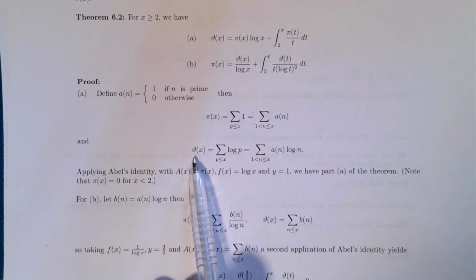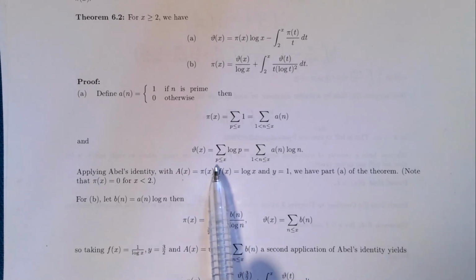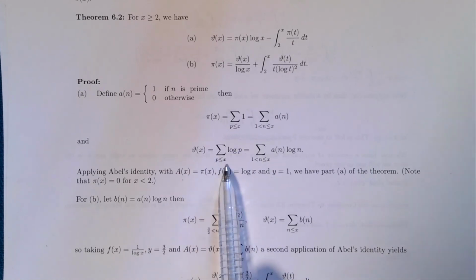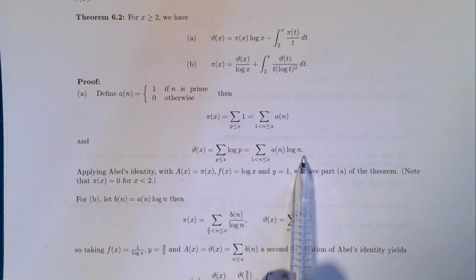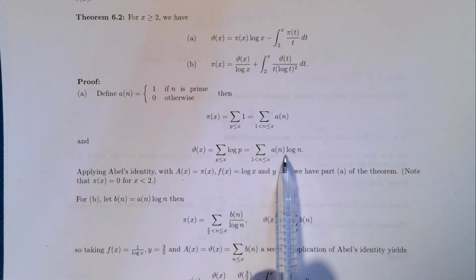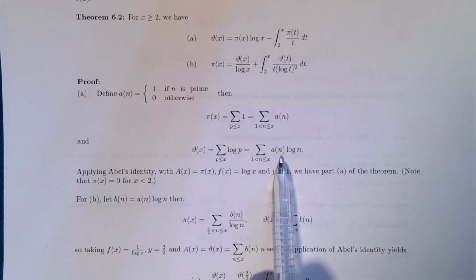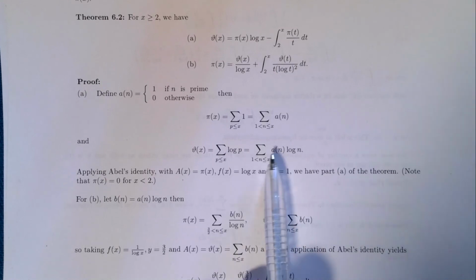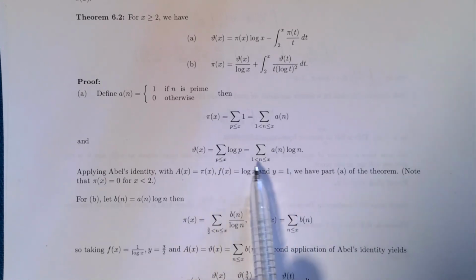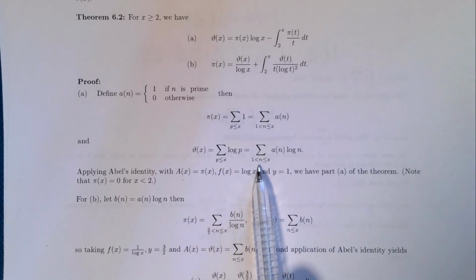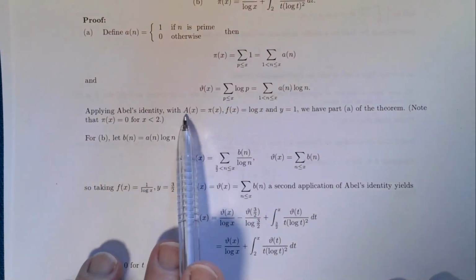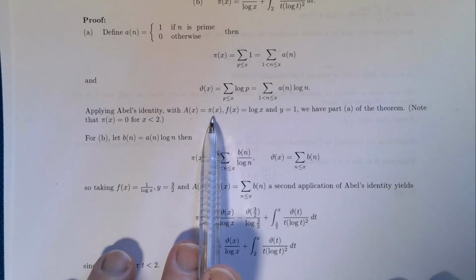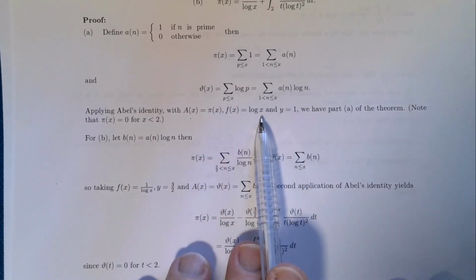Theta of x is by definition the sum of the logs of the primes less than or equal to x, and again I can write that as the sum of a(n) log n, because this will be 0 unless n turns out to be a prime. So this a(n) function enables me to go from a sum over primes to a sum over just the natural numbers. Now I'm going to apply Abel's identity with A(x) is pi of x, f(x) is log x, and y equals 1.